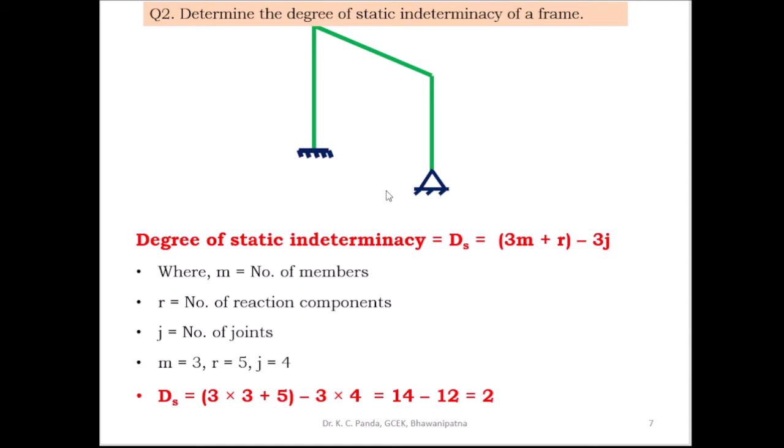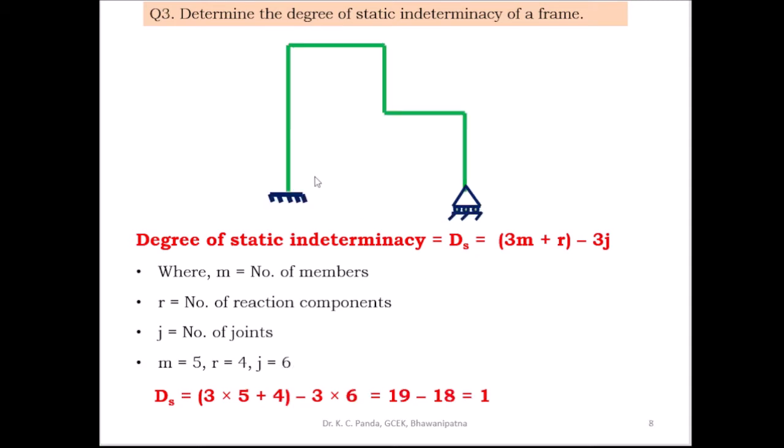So dsc is equal to 5 minus 3, which is equal to 2. Here you got dsc is equal to 2 and dsi is equal to 0. So ds is equal to dsc plus dsi, that is 2 plus 0 is equal to 2, and here you got 2 also. So by using any one approach you can find out the degree of static indeterminacy.